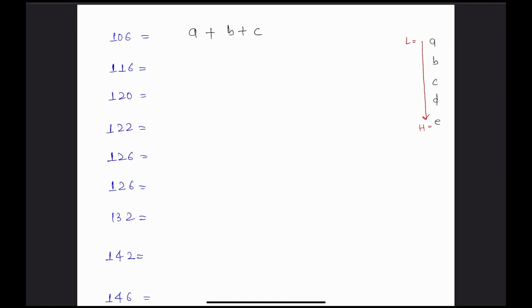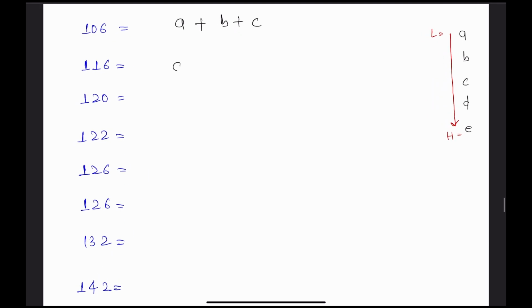And 116 will be a plus b, and instead of c it will be d, the second lowest, so a plus b plus d.